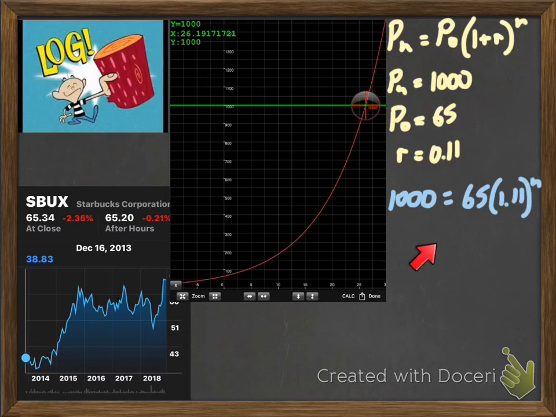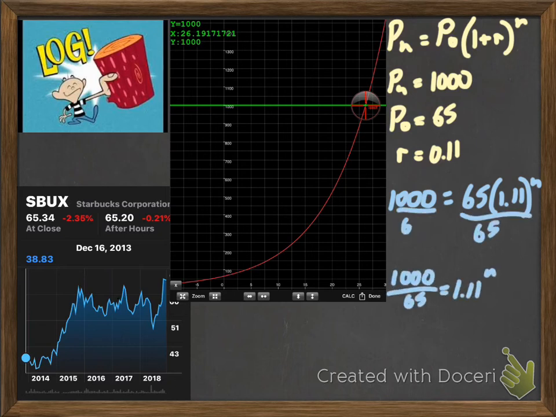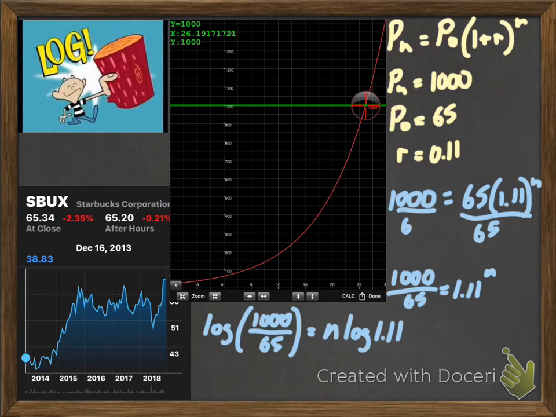So 1,000 equals 65 times 1.11 to the nth power, but I want to solve for n. To do that, I need to take the log of both sides. Well, first I could divide both sides by 65, and then take the log of both sides. So I divided both sides by 65, and that gave me 1,000 over 65 equals 1.11 to the nth power.